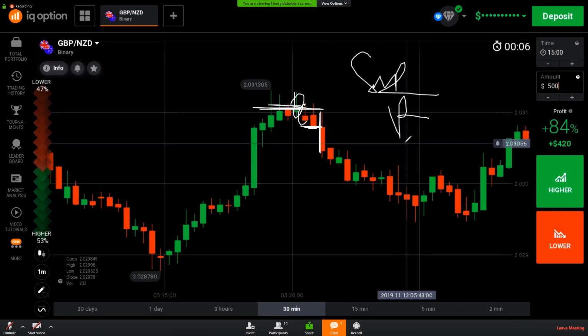At SNR area, the moment you see a reversal candlestick, those are the candlesticks I told you yesterday: hammer, shooting star, doji, and I showed you marubozu. Then I also showed you patterns, bullish engulfing or bearish engulfing. The moment you see a reversal sign, and after that reversal sign you see a momentum candle, go with the momentum candle.